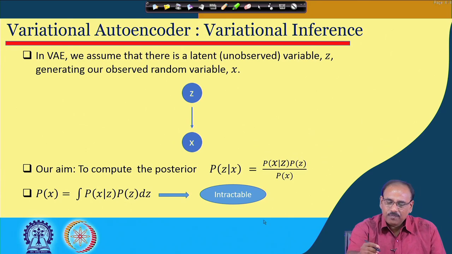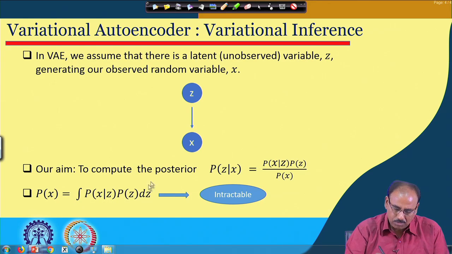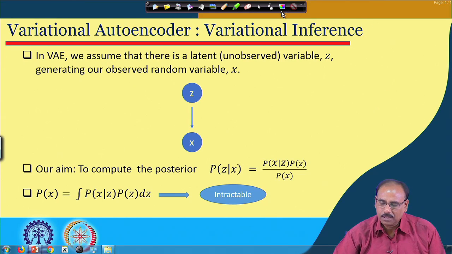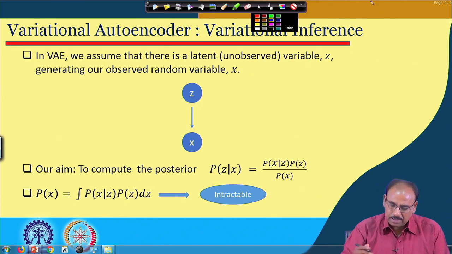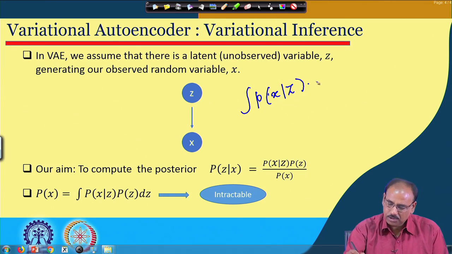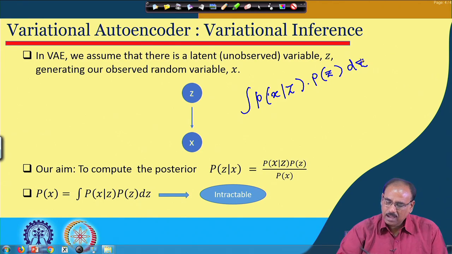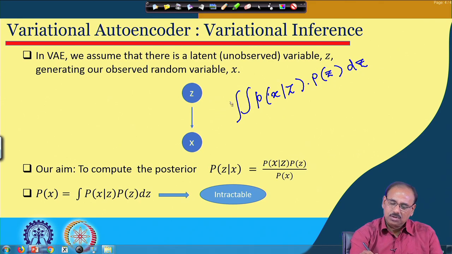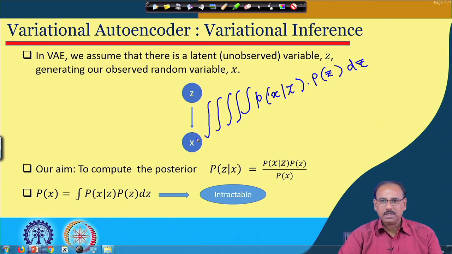And if it is so, then this integral, p(x|z) p(z) dz, as z is multi-dimensional, also has to be taken over multiple dimensions.